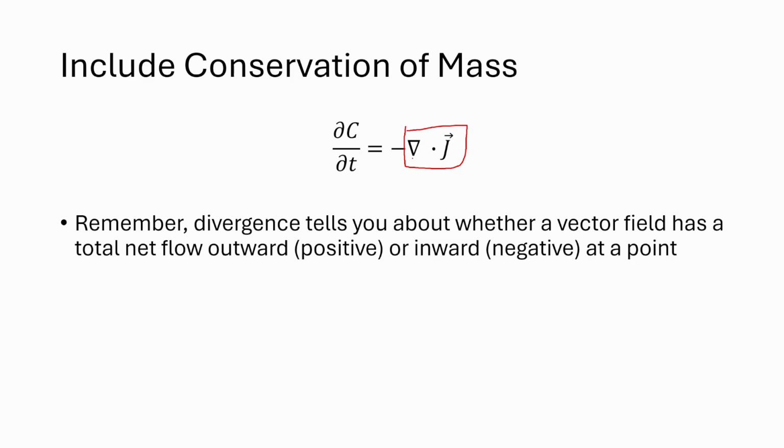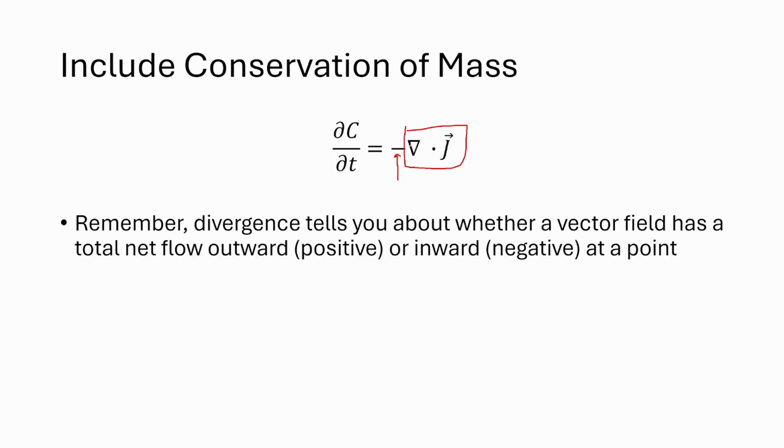That divergence is positive in this example, so that means we have a net outward flow of vector. So then the whole right-hand side is negative because we have negative times the divergence. So this means we have an outward flow of particles. That should mean the concentration decreases, and that's what this minus sign does.